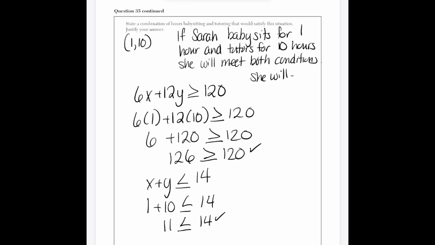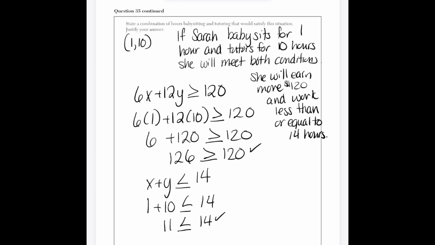She will earn more than $120 and work less than or equal to 14 hours.